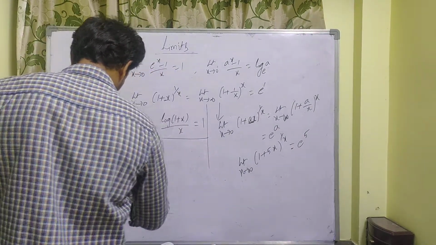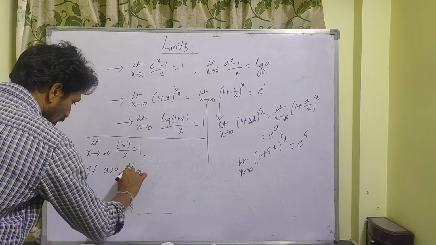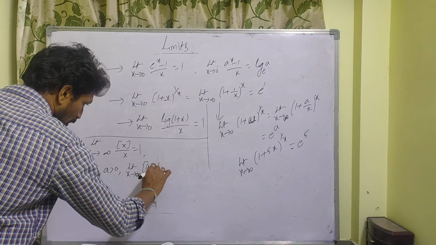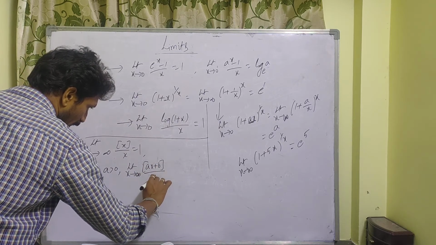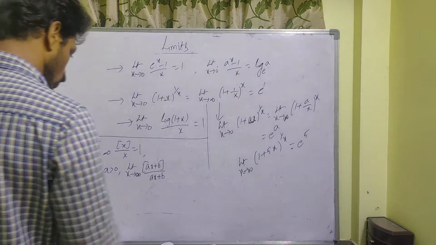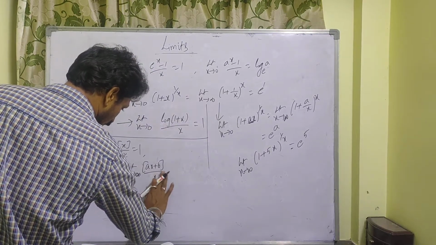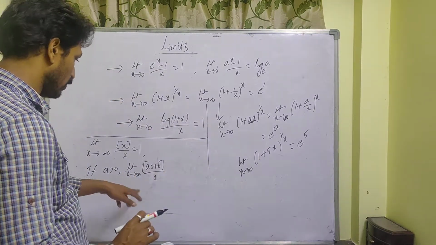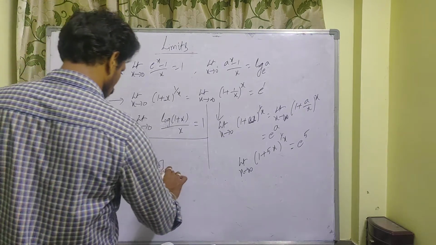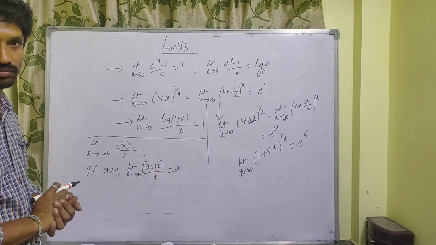Next one, if a is greater than 0, limit x tends to infinity, step of (ax plus b) by x is equal to a, when a is greater than 0. Just remember.